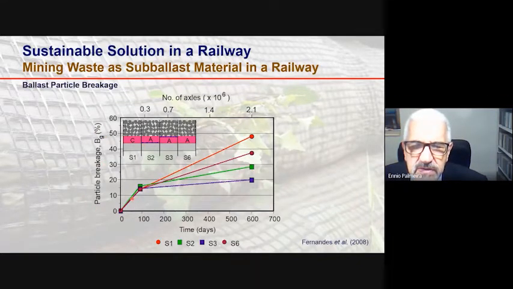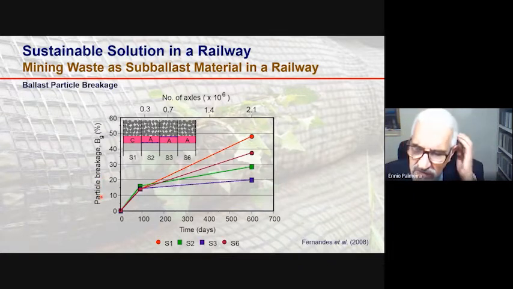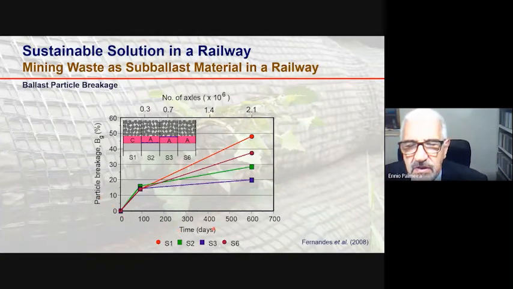So you see results of percentage of particles of the ballast layer that were broken as a function of time, monitoring of the experiment, or number of axles of trains.